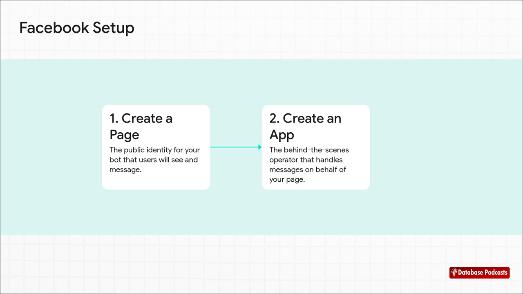First up, you need a Facebook page. That's basically your bot's face. It's what people will find and send messages to. And second, you need a Facebook app. Think of the app as the operator working behind the scenes. It's the thing that actually catches the messages. So the page is the face, and the app is the first link in the chain to the brain.